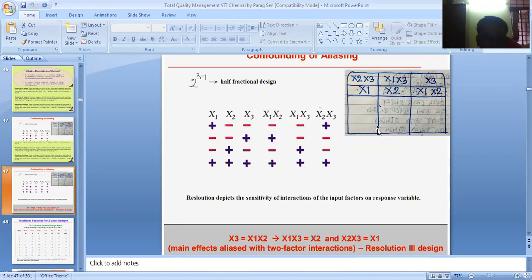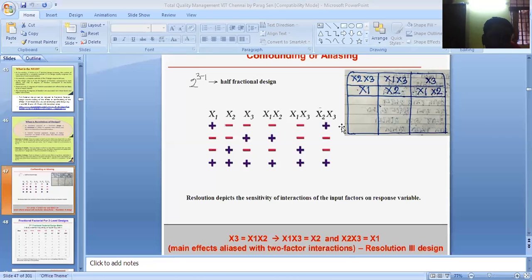So there are also some processes by means of which you can show that for the fractional design with 3 levels or higher levels, you can perform the same things.